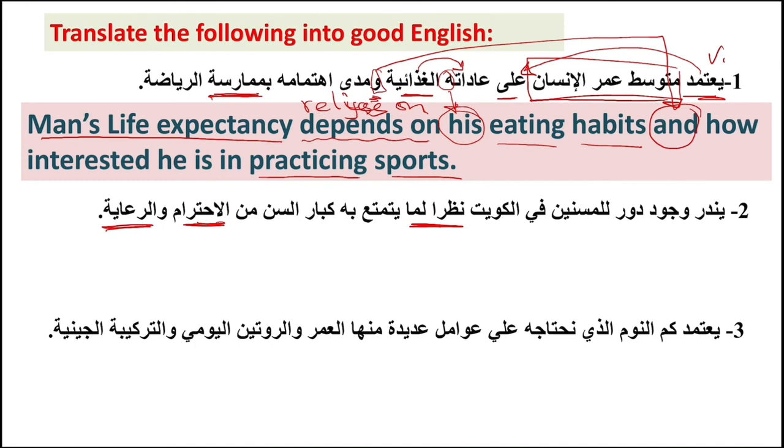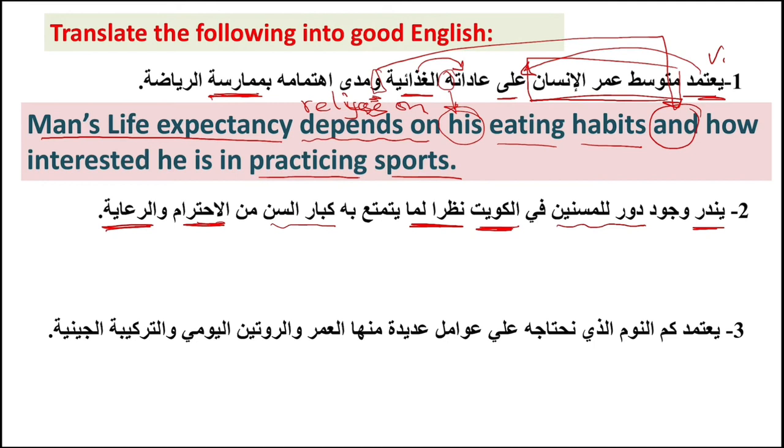And كبار السن we can use elderly people, or the elderly. And in Kuwait, of course, and don't forget that we write Kuwait with a capital letter, not small. And دور المسنين, you have this in Unit 7, is geriatric homes. And يندر just means it is rare.